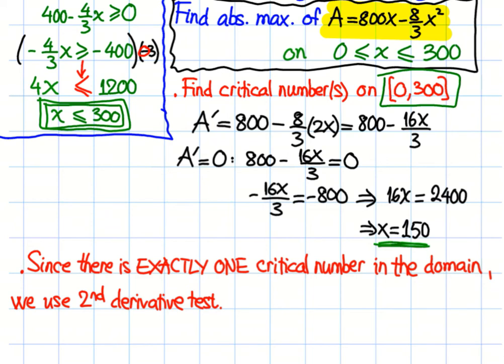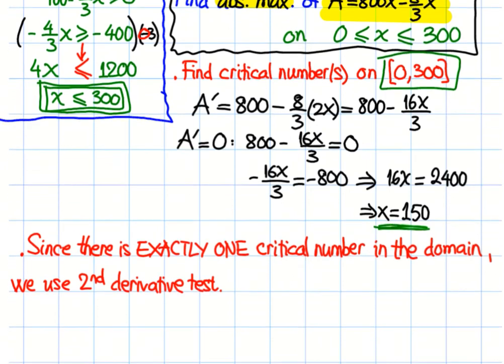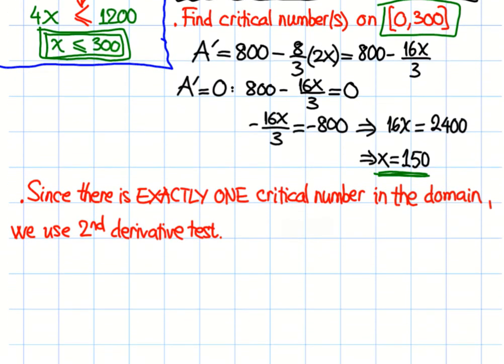The point here is we found one critical number, and that should be our answer. However, in this problem we need to find the absolute maximum, so whatever point we find, we need to confirm that it actually gives us the maximum. Since there is exactly one critical number in the domain, we'll use the second derivative test, because the derivative is very easy to calculate. The first derivative is this. Taking the derivative of that gives us negative 16 over 3.